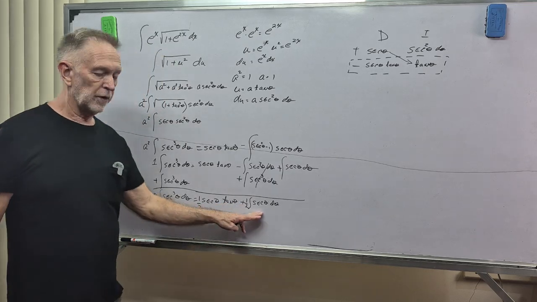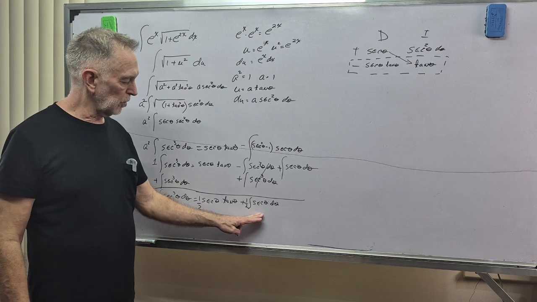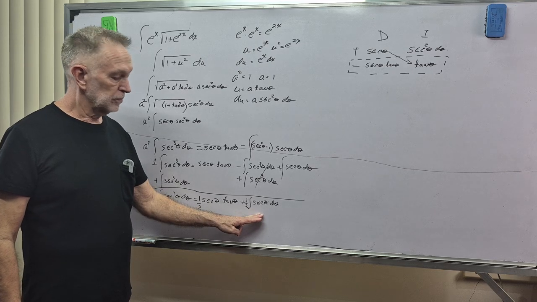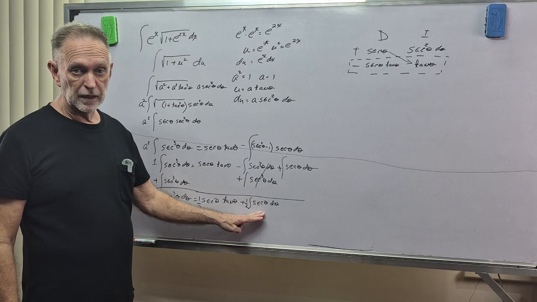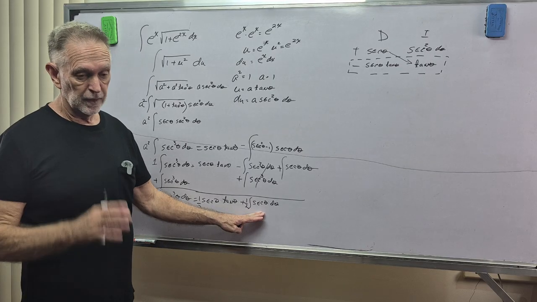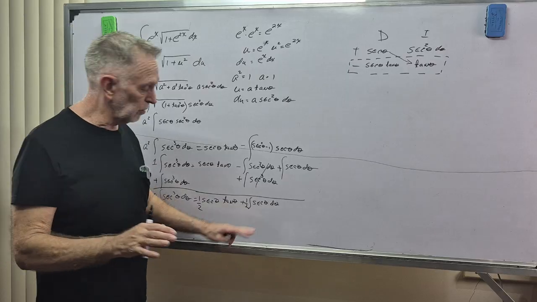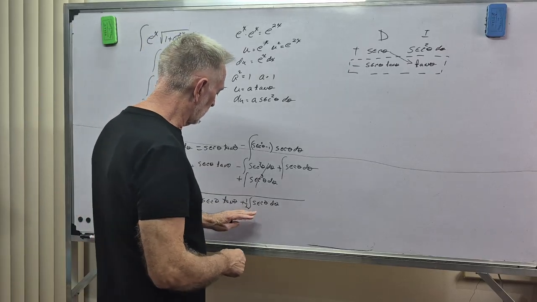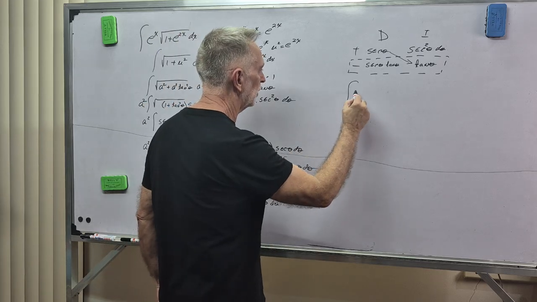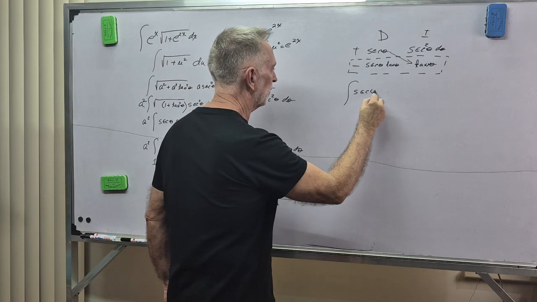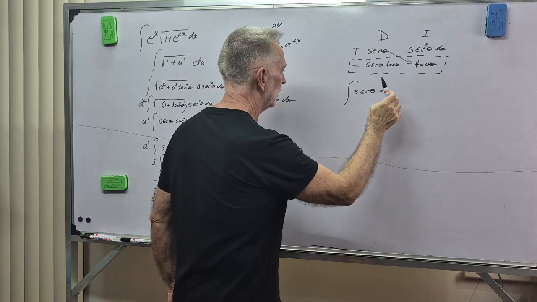Now this is another integral that you should know how to work. You should say, that's natural log of secant theta plus tangent theta. Okay, but let's assume we don't know that. So let's leave our 1/2 right here and just say, what's the integral of secant theta d theta?